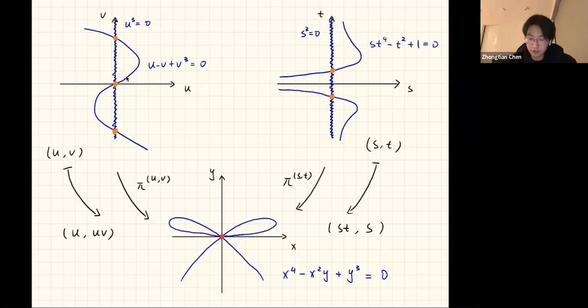On each of these two coordinates of the blow up, our algebraic set becomes this curve, and on the other chart it becomes this set. Again we still have a singularity here, but this singularity is now not so bad, and we call it a normal crossing singularity.